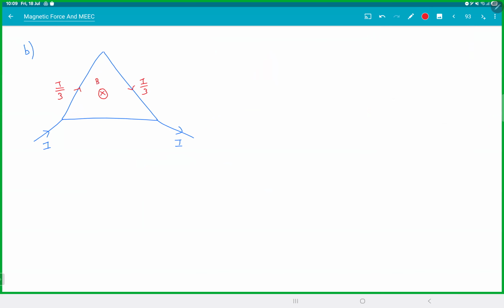How much? I don't know, but let it be B. This also will give B. Here the current will be 2I by 3. This will give 2B in the opposite direction. Can you see this? That means B at the centroid will be 0. Check the directions. There is nothing to calculate actually. You can just see and say it is 0.